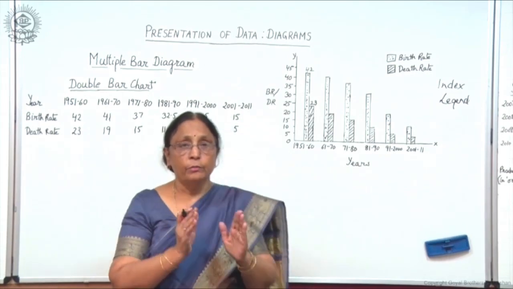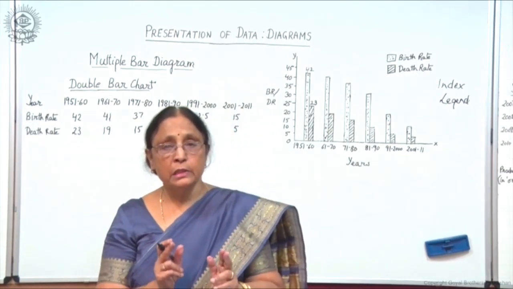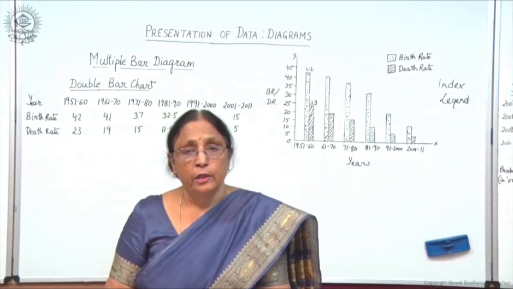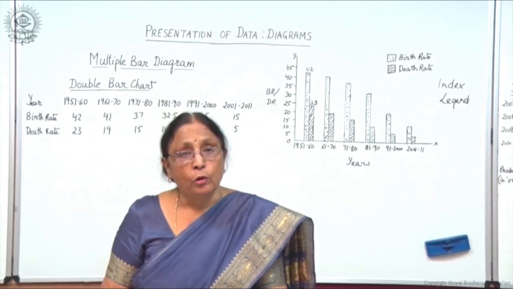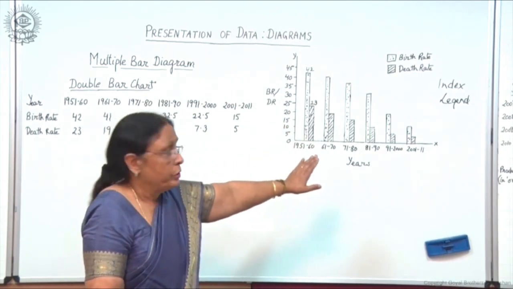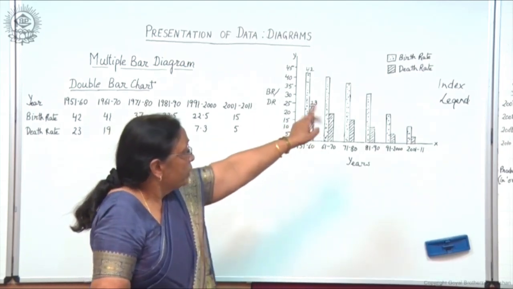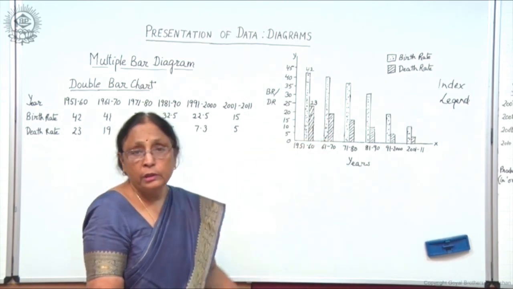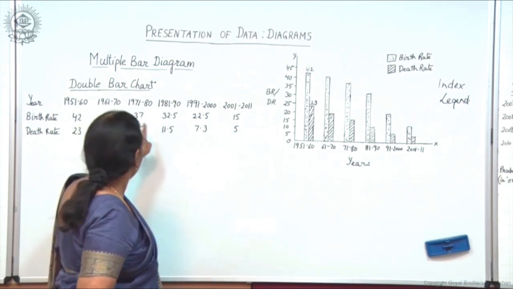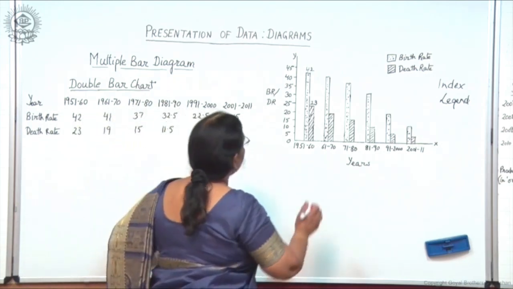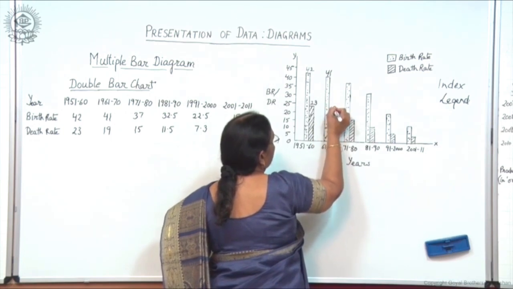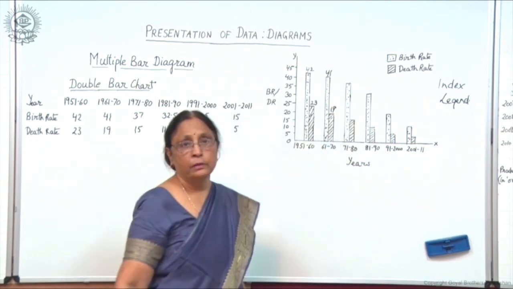So both the bars have two different symbols, and you have to indicate this in the legend or in the index, so that the person reading the diagram can immediately make out that this particular bar is showing birth rate and the other one is showing death rate. And again in 1961 to 70, it is 41 birth rate and 19 death rate. This is 41 and this is 19, right.